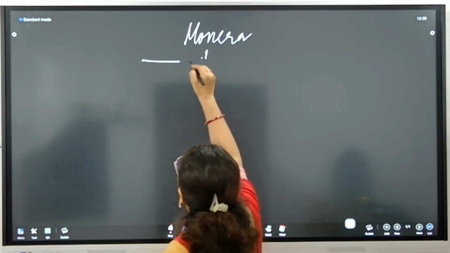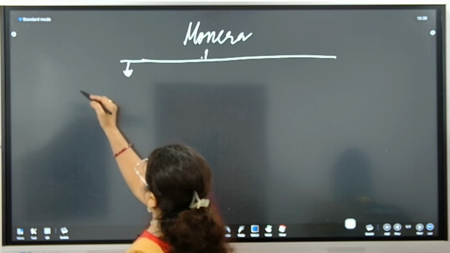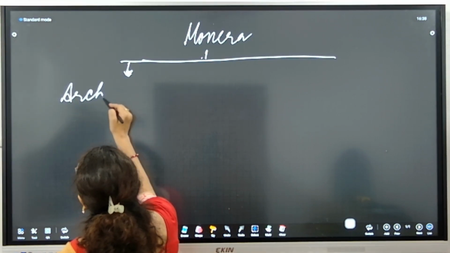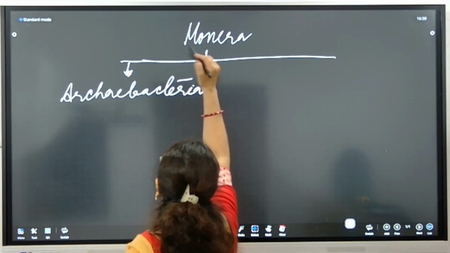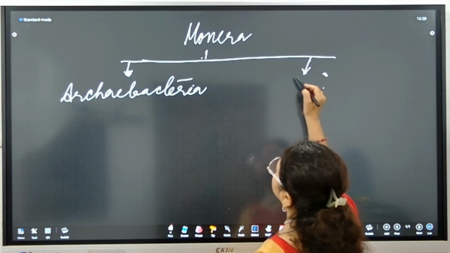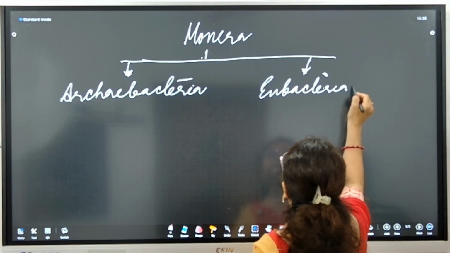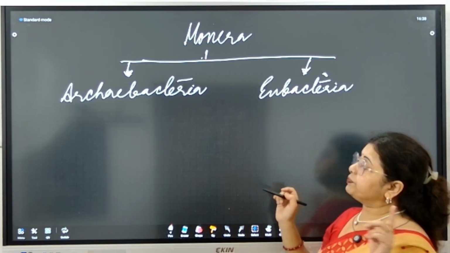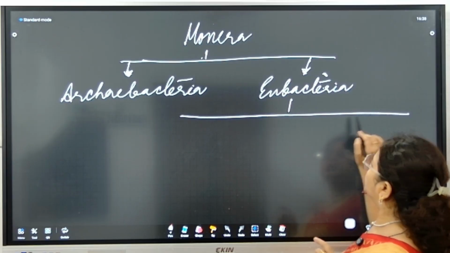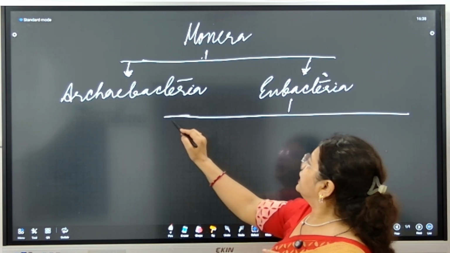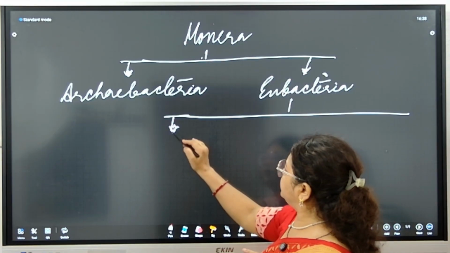According to the five kingdom classification, it is divided into two: Archaebacteria and Eubacteria. Then again we will classify this. The characters in Eubacteria we can classify.